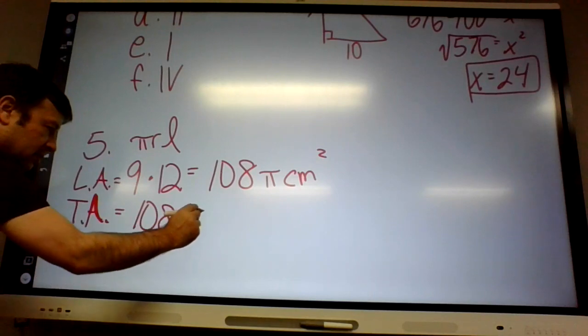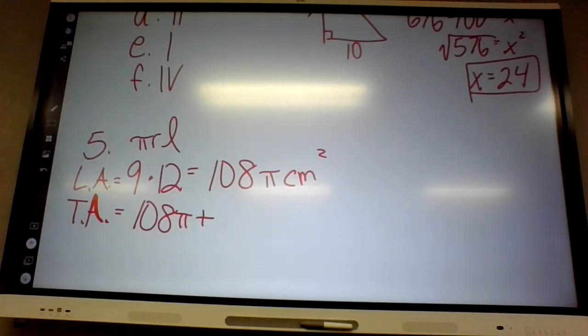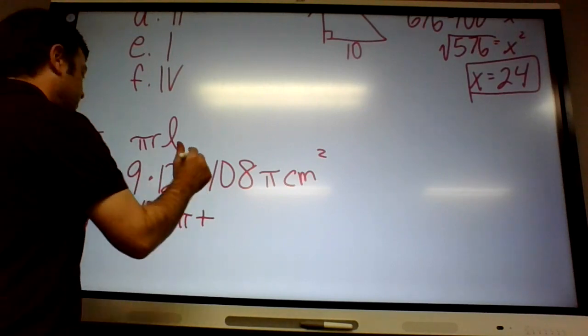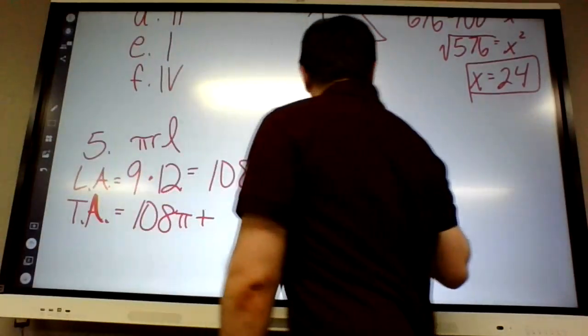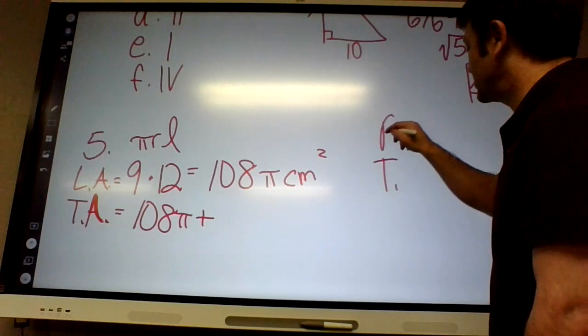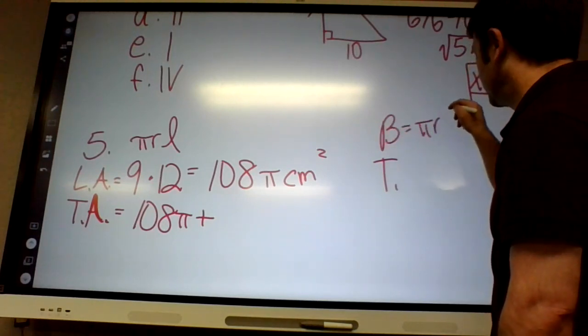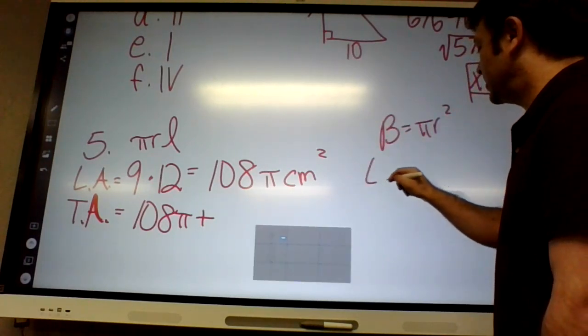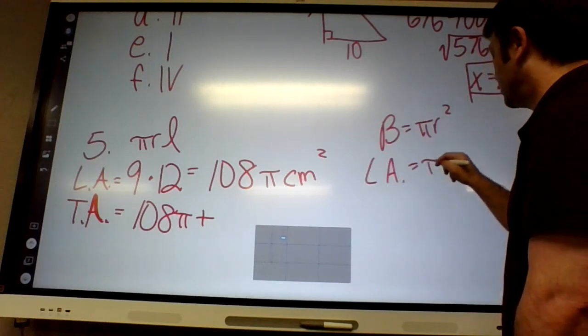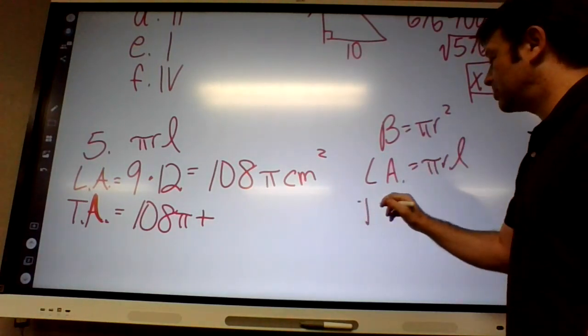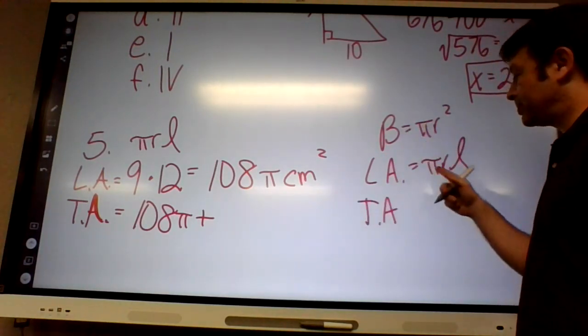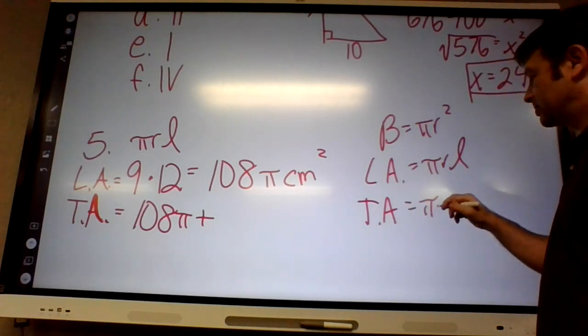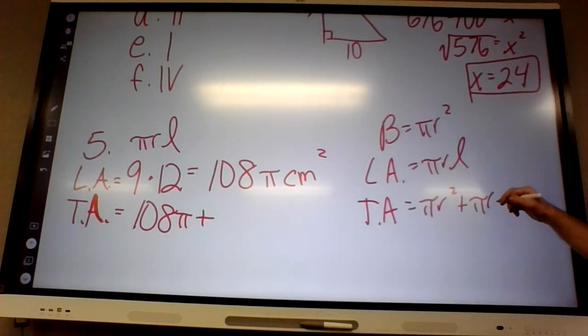Pi r squared. Yes, it's a circle. So the base area is pi r squared. The lateral area is pi r L. The total area would just be that plus that. Just add the two together.